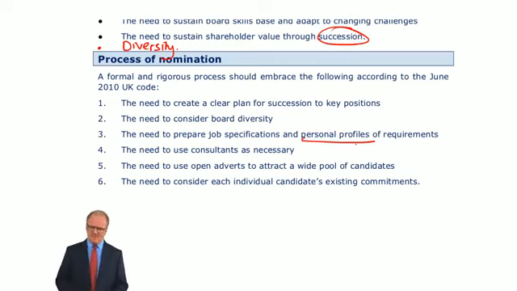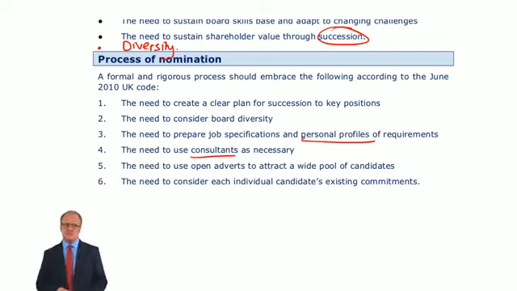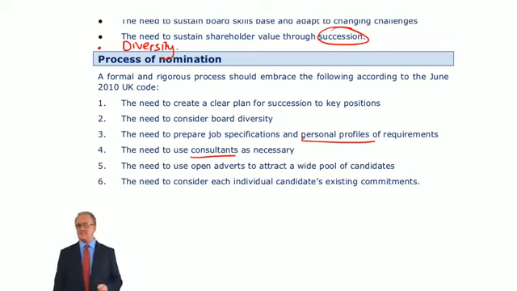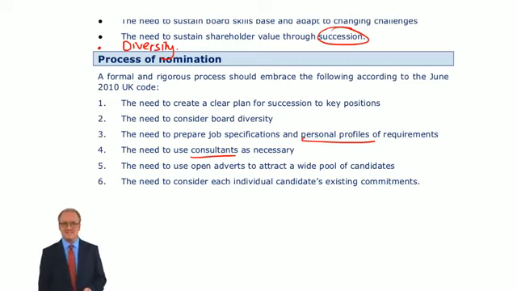You then head off and typically use external employment consultants, tell them the sort of person you're looking for, and get them to go through their contacts and see what they can find for you. That creates some independence to the process and stops the existing directors simply recruiting their mates, which has always been a bit of a problem in the past.